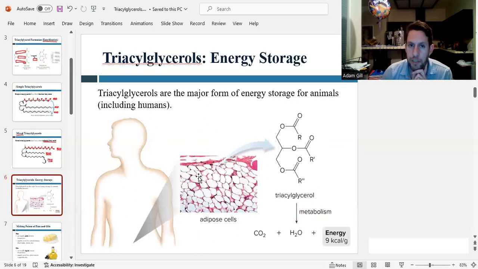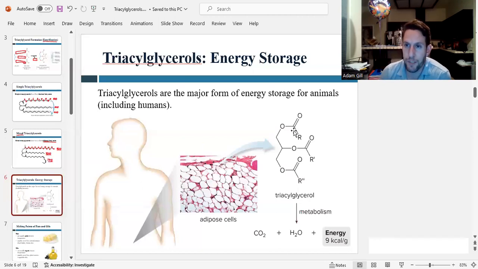And as I briefly mentioned, triacylglycerols are the primary energy storage system in animals, us included. And so if you were to look at your adipose or your fat cells, they are full of little vesicles, just jam-packed full of these triacylglycerols. And so this is what a fat molecule is.